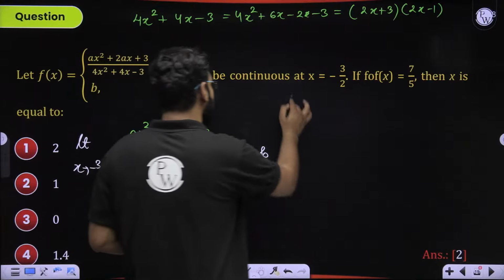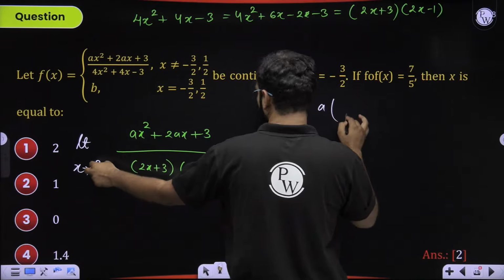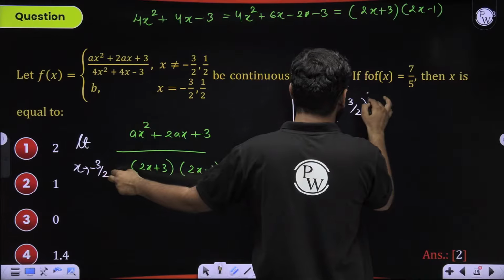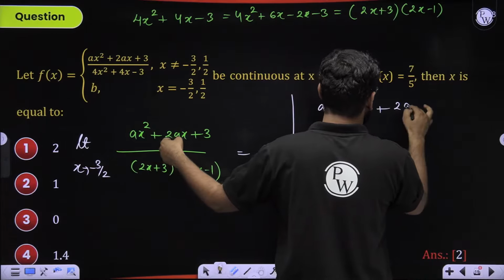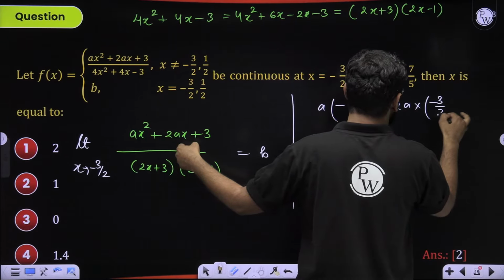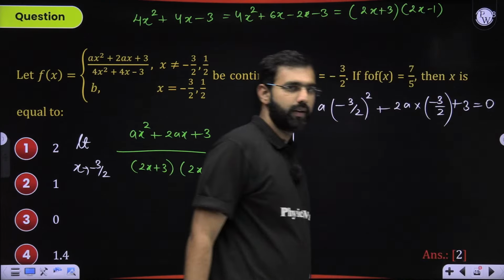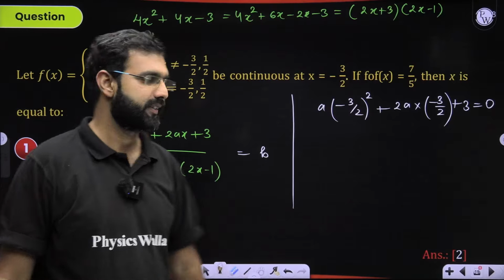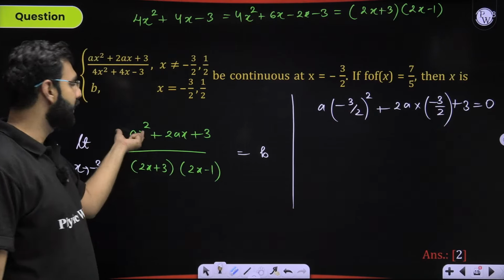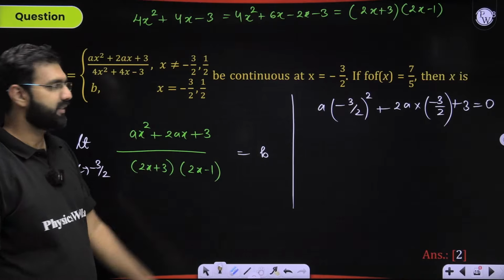So when I replace x by minus 3 by 2 in the numerator, a into minus 3 by 2 whole square plus 2 into a into minus 3 by 2 plus 3 should be 0. Everybody understood this? I repeat, a into minus 3 by 2 whole square plus 2a into minus 3 by 2 plus 3 should be 0. Why?